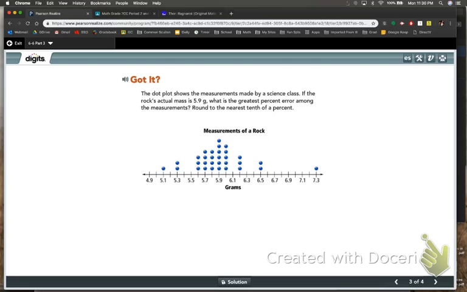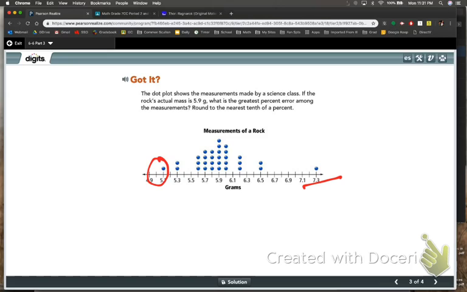There's another one right here. Go ahead and pause it. I'll show the answer in a second. Otherwise, go ahead and start on your homework. Remember, the actual mass is 5.9. If you think about it, just by looking at it, if they're equidistant, is that particular one or this one further apart?